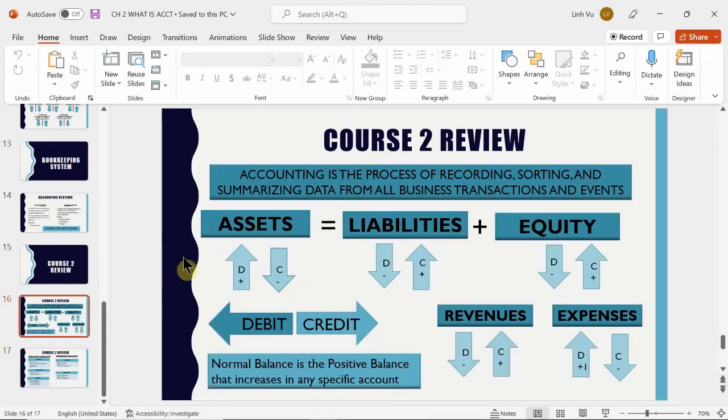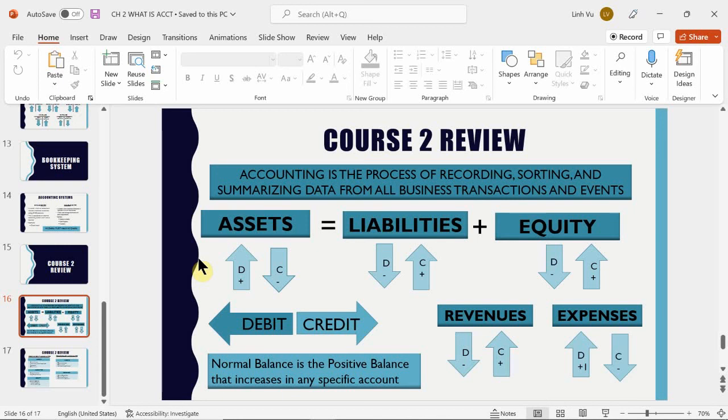Which ones are increased with the debit? Assets. Assets for sure. We just went over this 3 times, in fact. And liabilities. Does a debit increase or decrease liabilities?